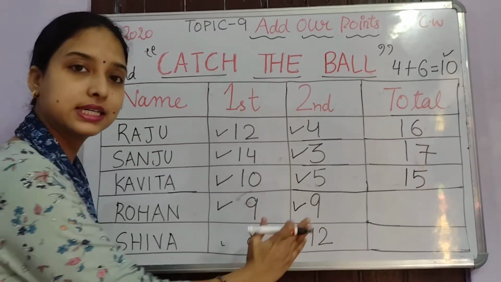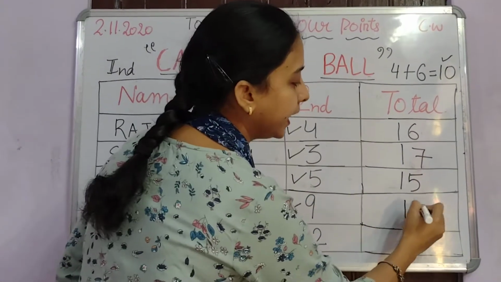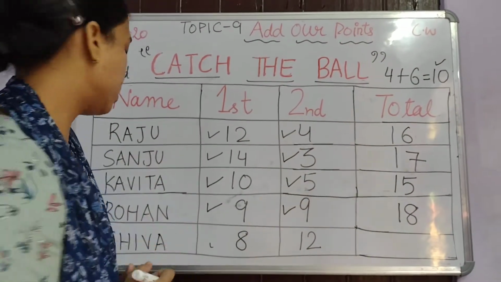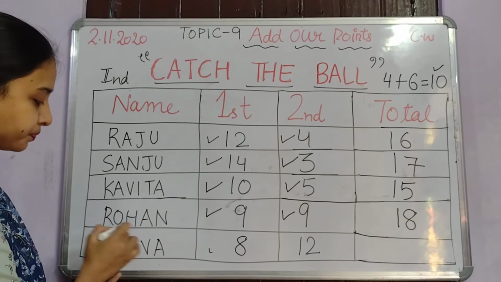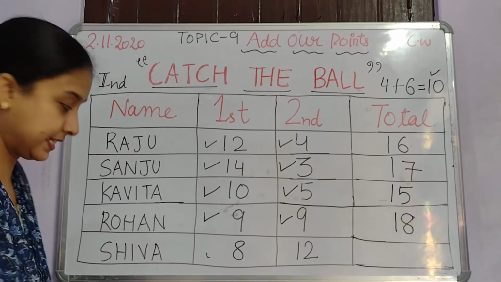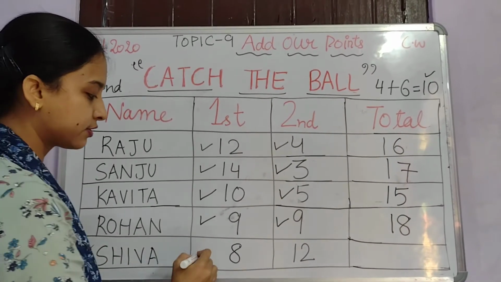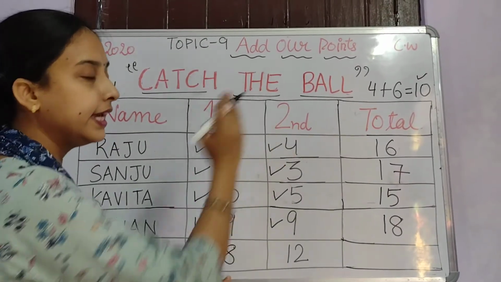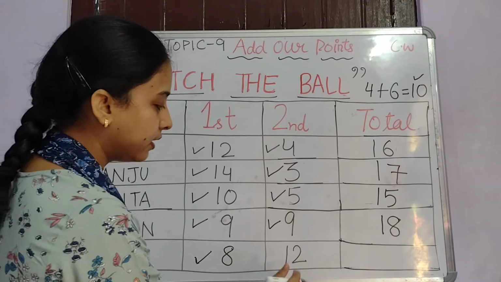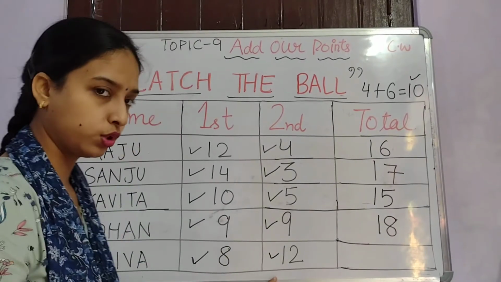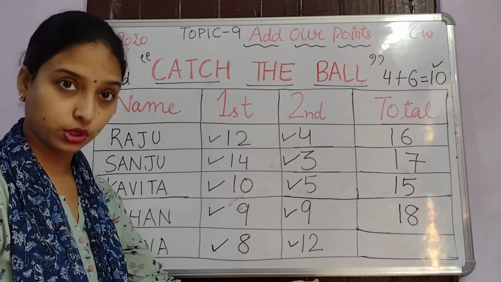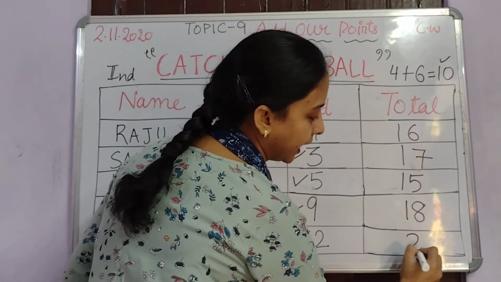So 9 plus 9 is equal to 18. He has scored 18 points all around. Now the turn of Shiva has arrived. Shiva has scored 8 points in the first round and 12 points in the second round. So the total number of points he has scored, 8 plus 12, is 20.